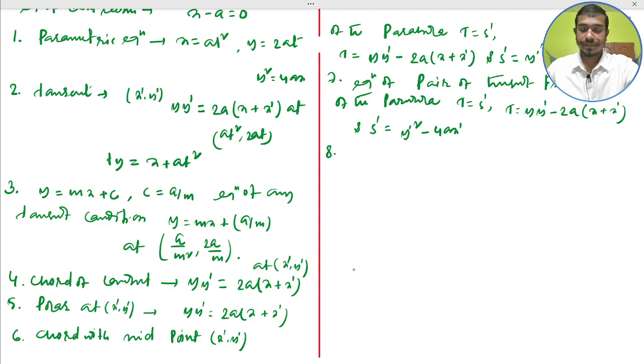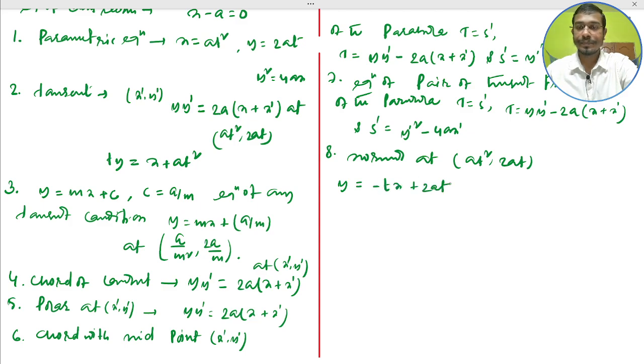The normal at the parametric point (at², 2at) to the parabola is y equal to minus tx plus 2at plus at³.